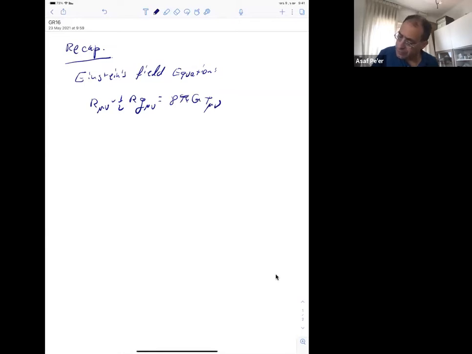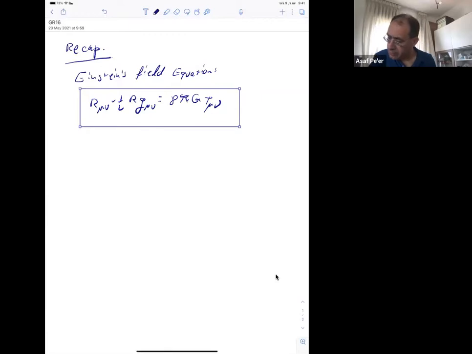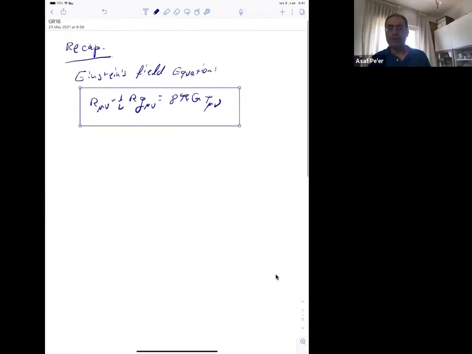A tensorial equation. On the one hand side, there is the geometrical part, which we get from the curvature tensor, the Ricci scalar, the Ricci tensor, the metric tensor, highly nonlinear. On the other side, we have the matter content, as described by T mu nu.